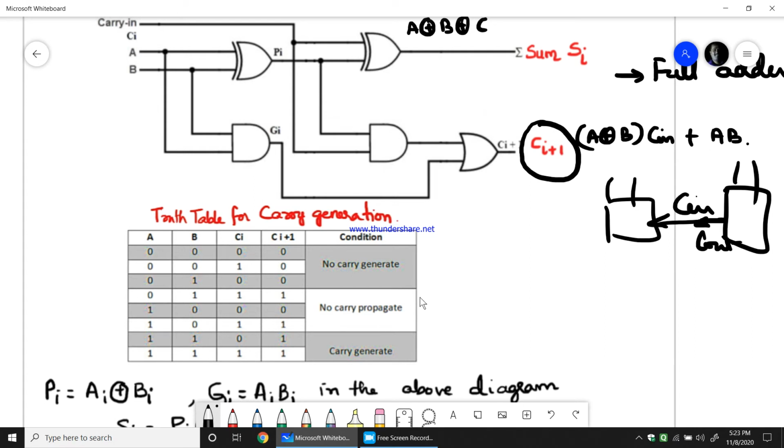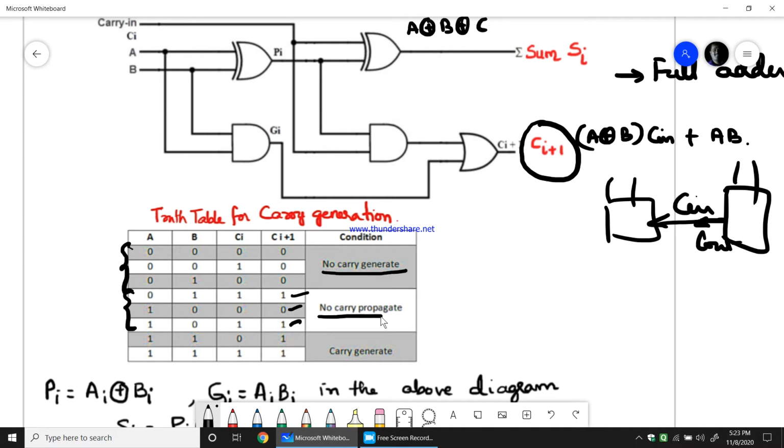So that is the table that we have written here, carry generation table, where you see for these three conditions 0, 0, 0, 0, 0, 1 and 0, 1, 0, the carry which is generated is all zeros. So therefore we can say no carry generates for these three inputs. For the next three inputs 0, 1, 1, 1, 0, 0, 1, 0, 1, I have got carry first 1 and then 0, carry became 0 and then carry became 1.